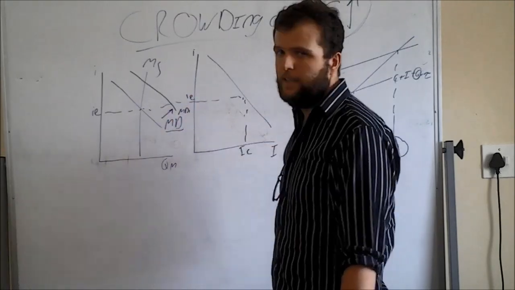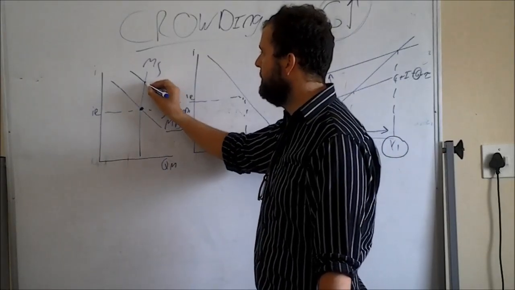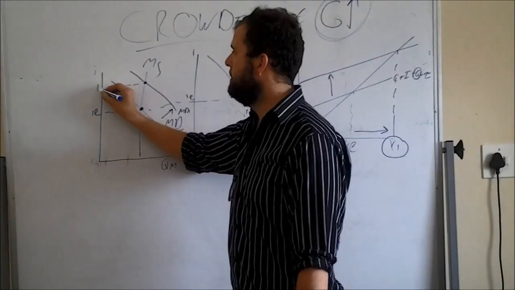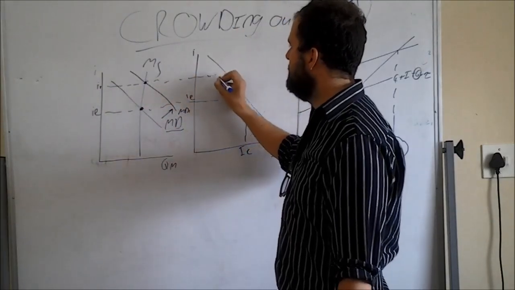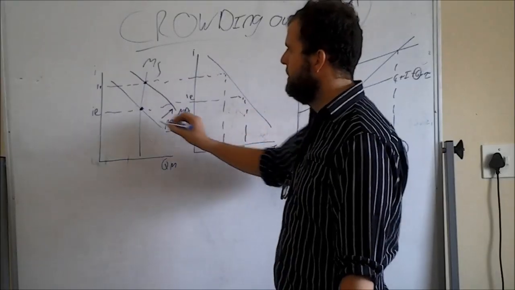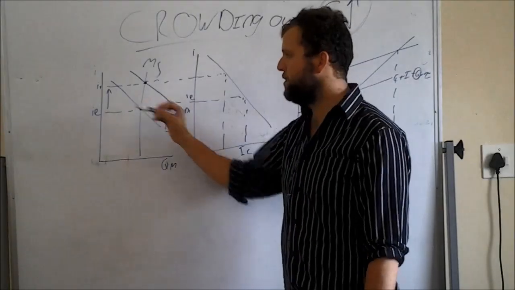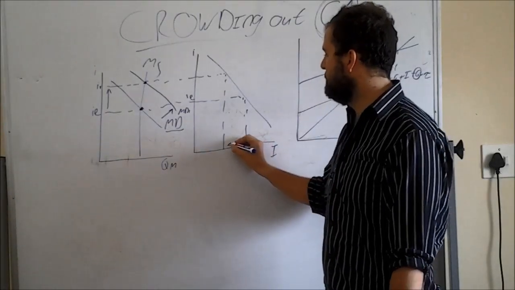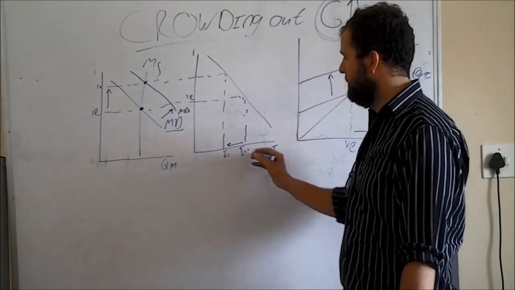This was our original point, and the new point will be here. Your interest rates will increase. So money demand increases, interest rates increase, investments will decrease, and that's crowding out. Investments decrease.